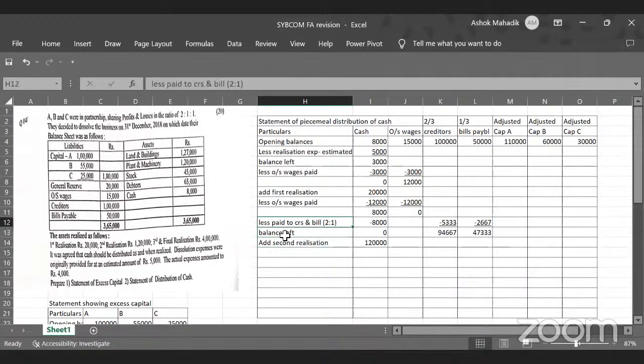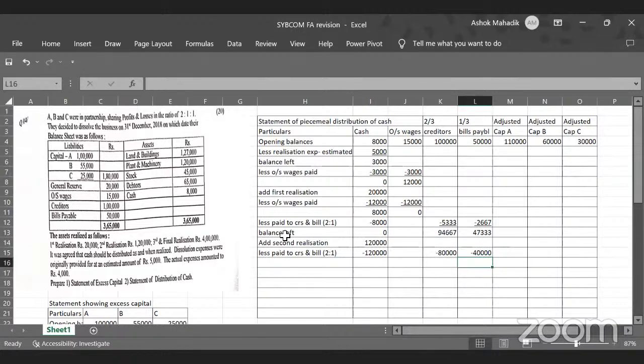Now again, if you see, the total of these two liabilities is more than 1,20,000. So again, we have to pay them in the same 2 is to 1 ratio. So I'll pay 1,20,000 to both of them in 2 is to 1 ratio, which will be 80,000 and 40,000.